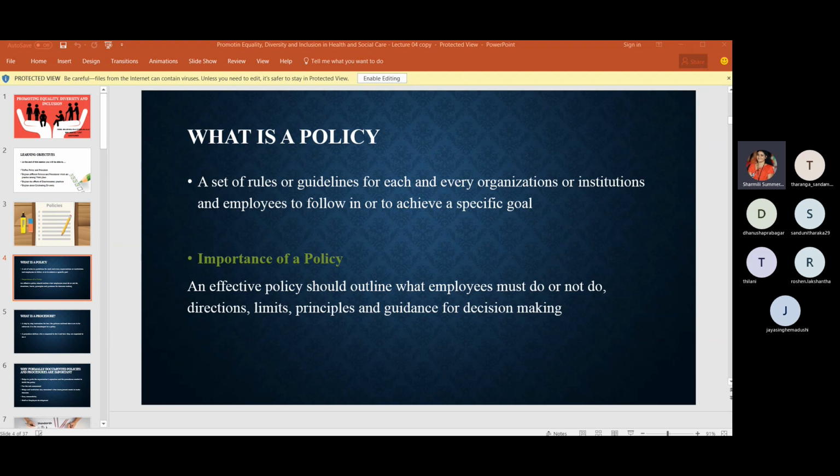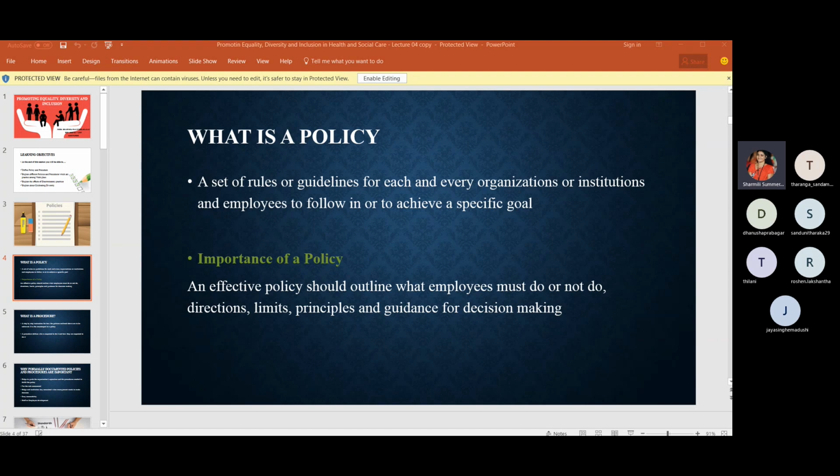If there are no rules, guidelines or regulations, the people working in the institution do not know what they need to do in order to achieve the particular goal or enhance their institution's positive outcome. And if they do not know anything, the activities undertaken by each individual working in the institution may also end up in failure.